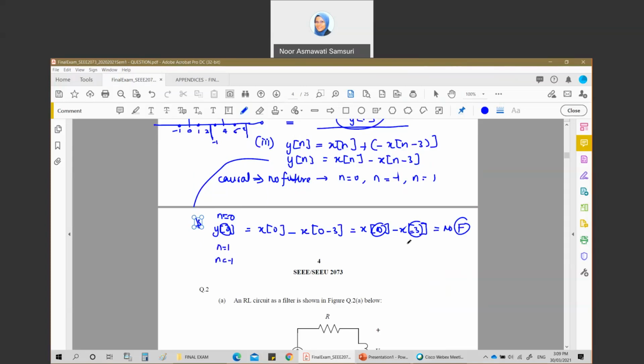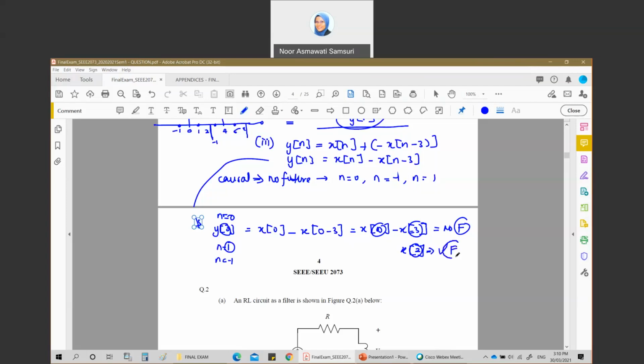Look at whether there exist any future values. For example, if n equals 1, then if you notice here, for example, n equals 2, now it's higher than the current state. That's future. Okay, you have future.